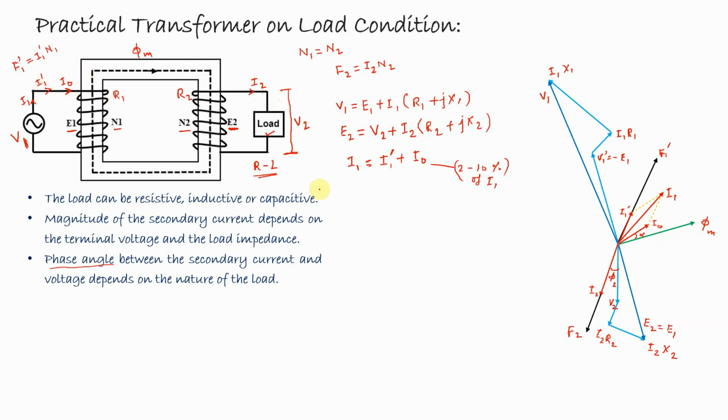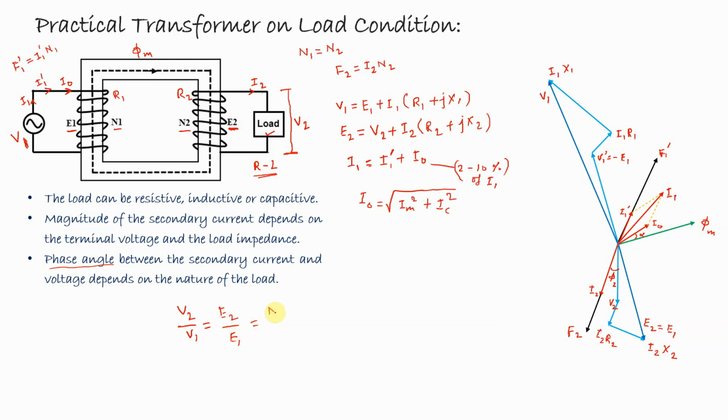We have already seen the relations of the no load current, that is I0. It has two components, that is the magnetizing current and the core loss component of the current. So I0 can be written in this way. Remember one thing, whether it is the practical transformer or ideal transformer, it will always follow the transformation ratio that we have already seen earlier, that is V2 by V1 is equal to E2 by E1.